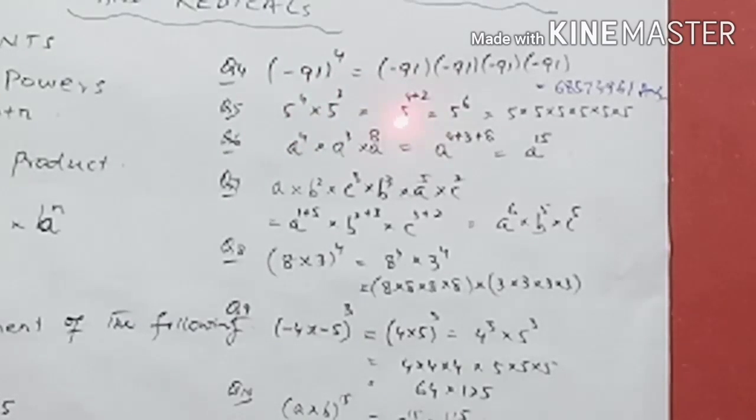So 5 raised to power 4 plus 2, that means 5 raised to power 6. That means 5 multiplied by itself 6 times: 5 times 5 times 5 times 5 times 5 times 5. Then you write the answer.